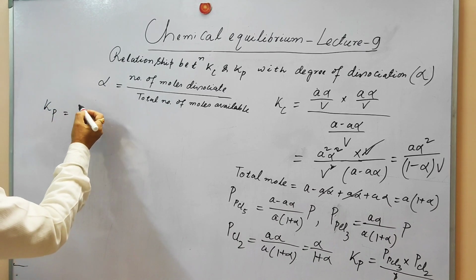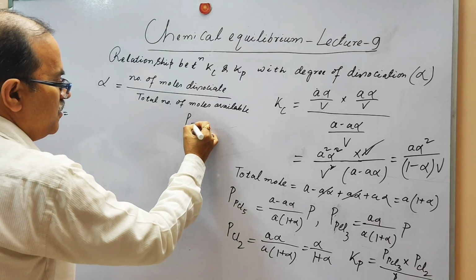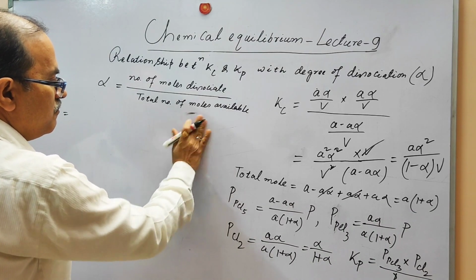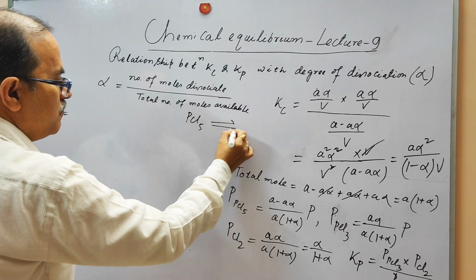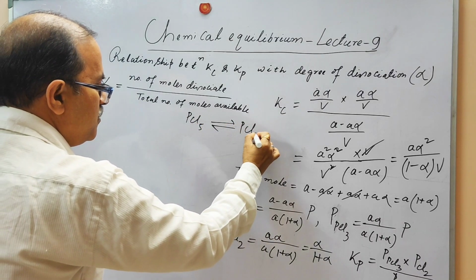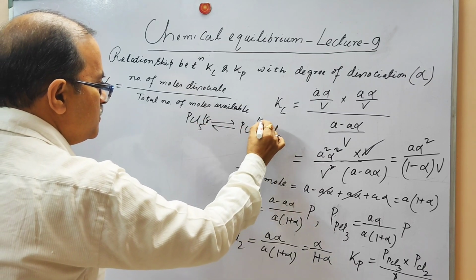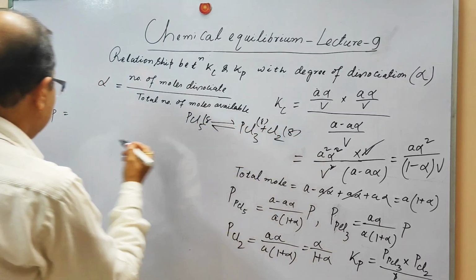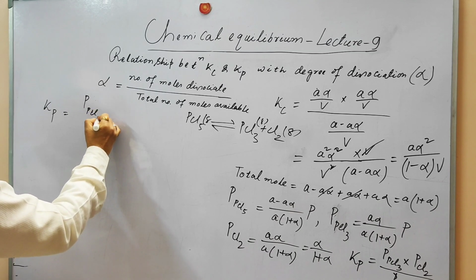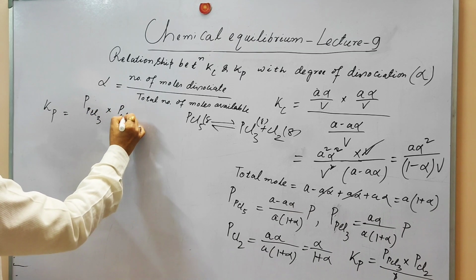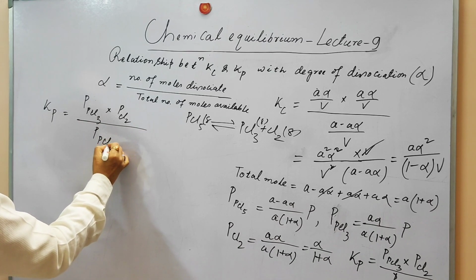Now from this equation, the relationship here: PCl5 gives PCl3 plus Cl2 gas. They are only in the gaseous state. So Kp is the partial pressure of PCl3 into partial pressure of Cl2 divided by partial pressure of PCl5.